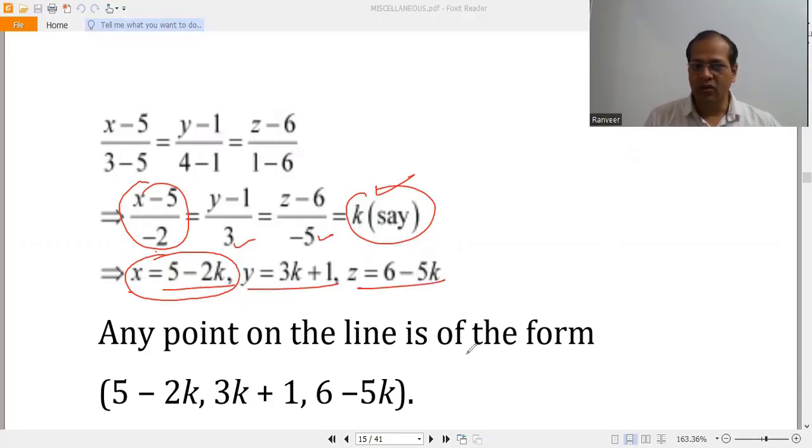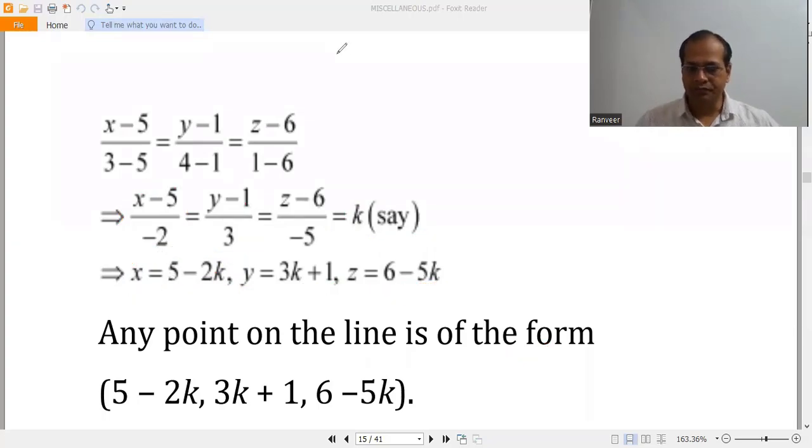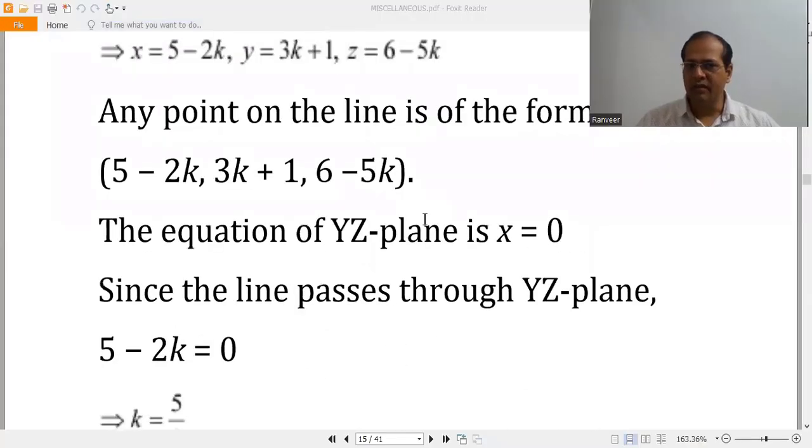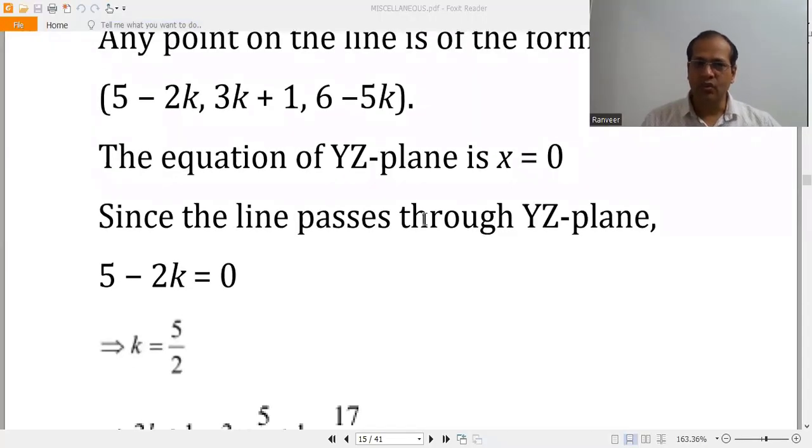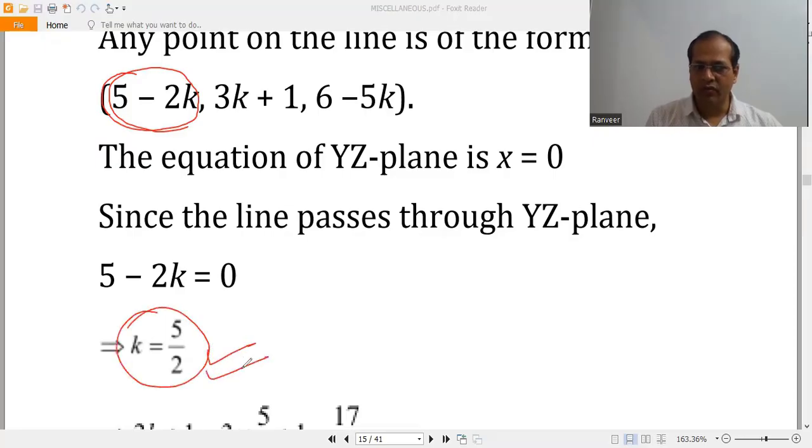So any point on the line is of this form; this is the point lying on the line. Since the line passes through the YZ plane, and the YZ plane means x value is equal to 0, so 5 minus 2k equal to 0. So k equal to 5 by 2.